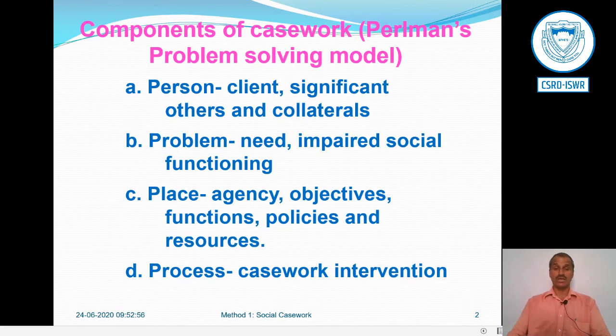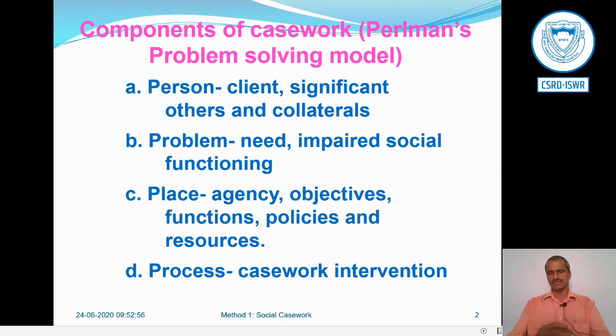There, we should consider the social worker as the fifth P: person, problem, place, process, and the profession or professional. So in Indian setup, we sometimes add professional as the fifth P. But in the Western setup or the ideal setup, the casework should be practiced in an agency setup.